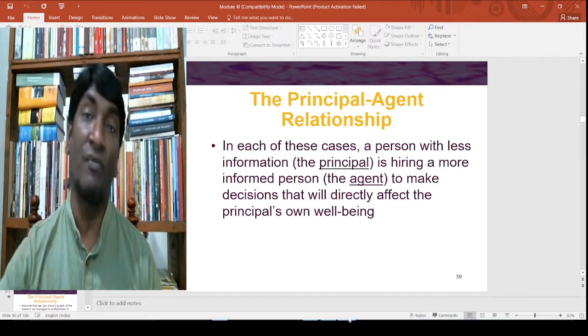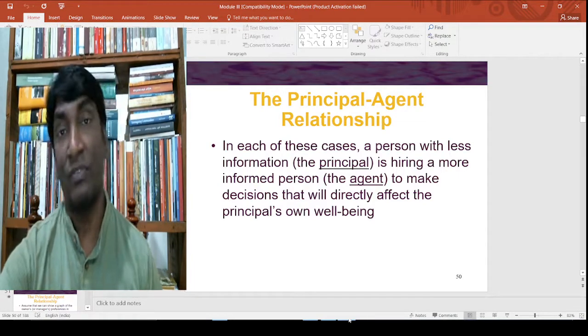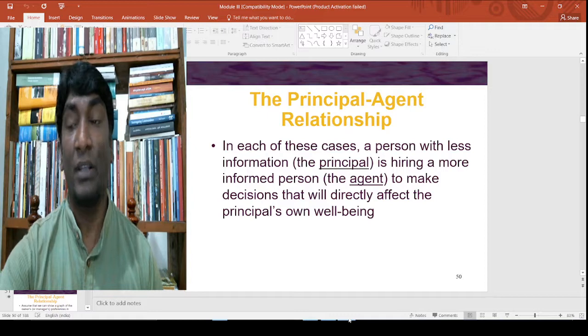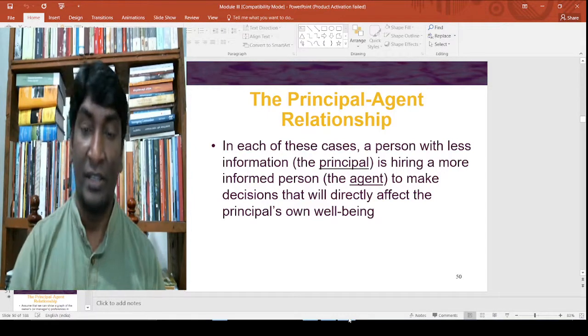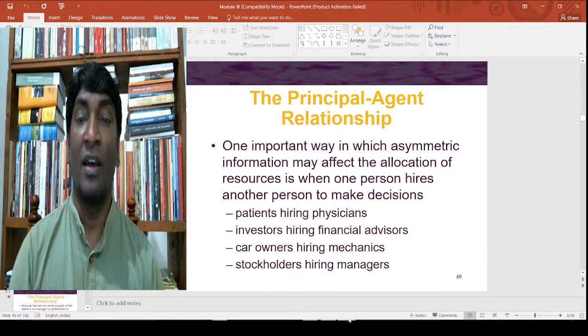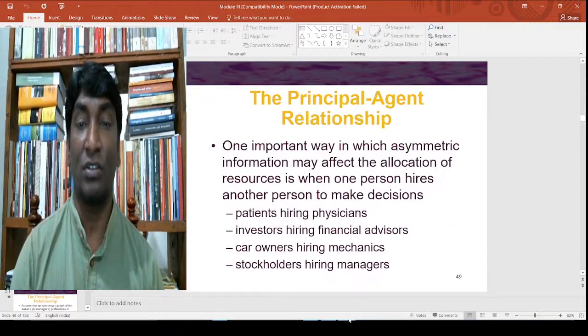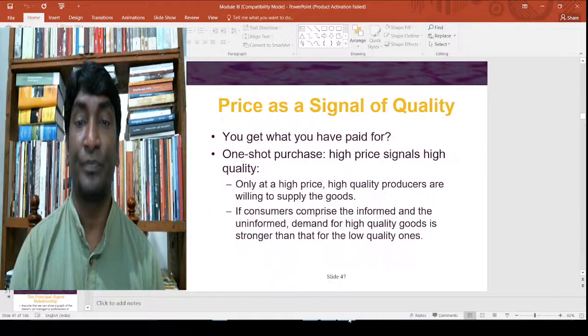Those who have higher information and those who have lower information make the market a principal agent relation market. This is our next lecture.